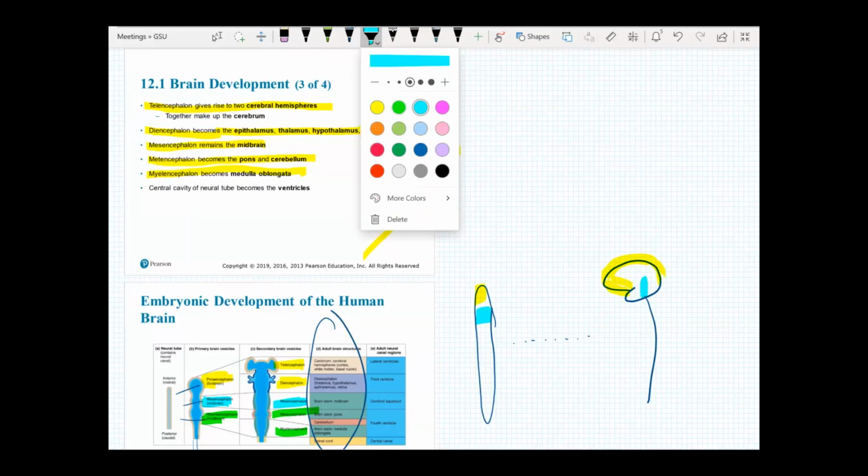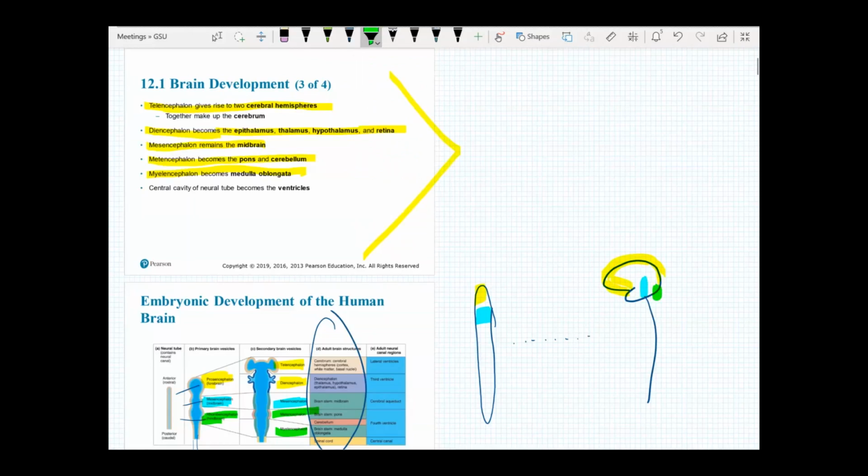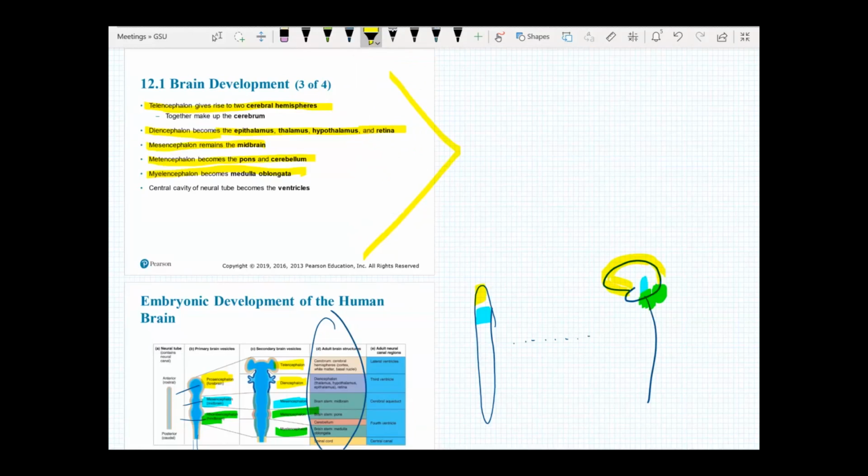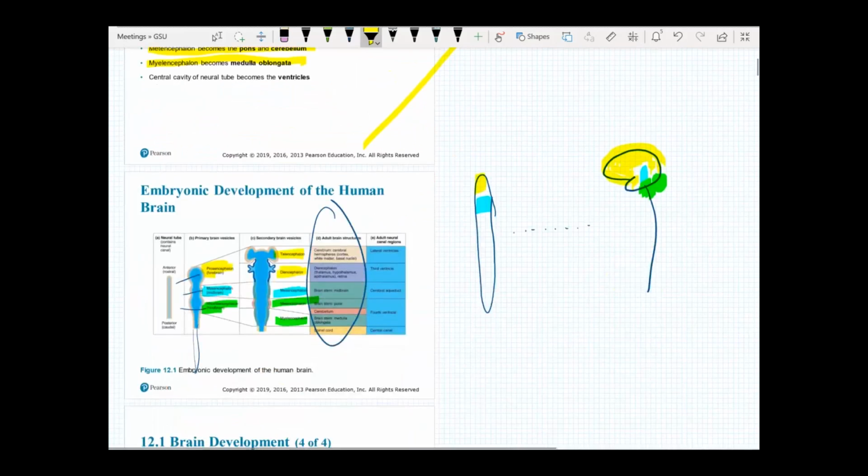Then your rhombencephalon, which becomes your metencephalon and your myelencephalon, will become here and here. So that's the progression of how this long neural tube gets converted from a tube into the actual brain structures. That's an easy way to see how that works.